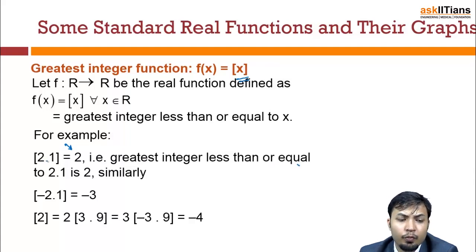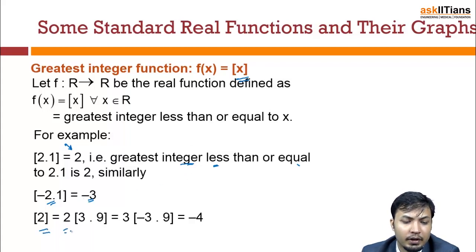In this case the greatest integer will be 2, which is less than 2.1, right? So this becomes my greatest integer function. Now for minus 2.1, what is the lesser value? Minus 3 will become the greatest integer function. Basically, we round it to the nearest value, but which is lesser than the value itself.